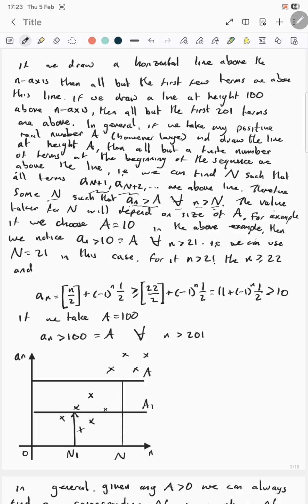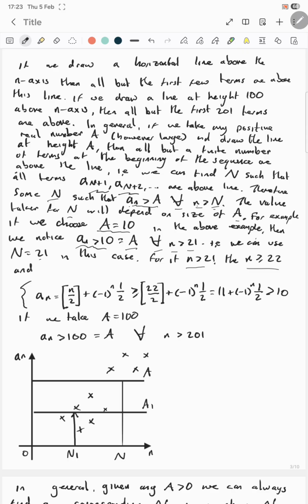The value taken for N will depend on the size of A. For example, if we choose A = 10 in the above example, then we notice that a_n is greater than 10 = A for all n greater than 21, i.e. we can use N = 21 in this case. For if n is greater than 21, then n is greater than or equal to 22, and so on.